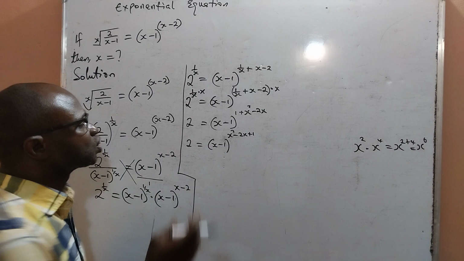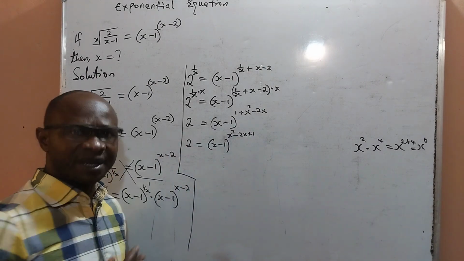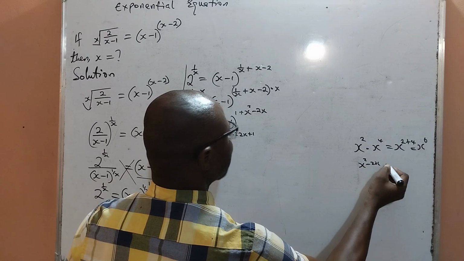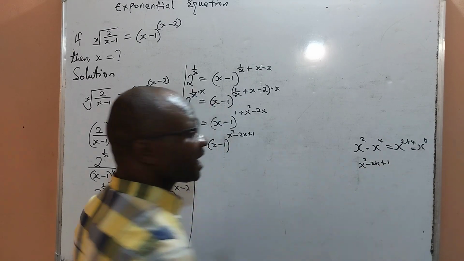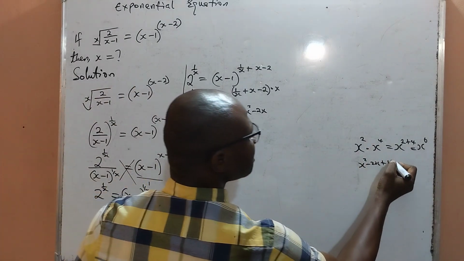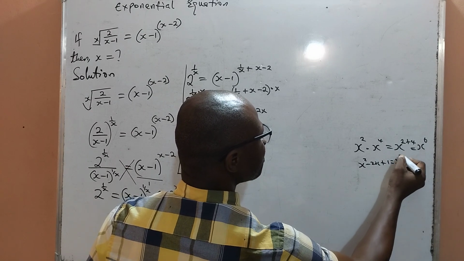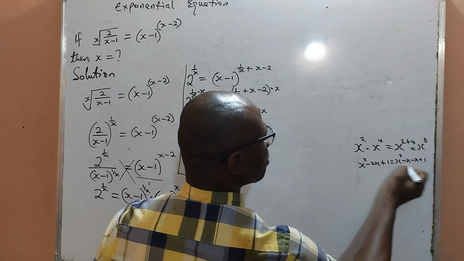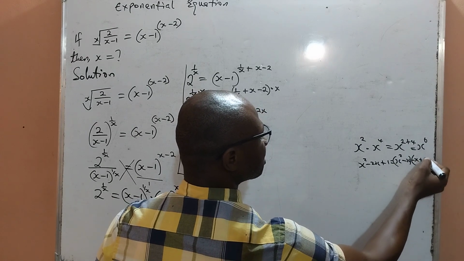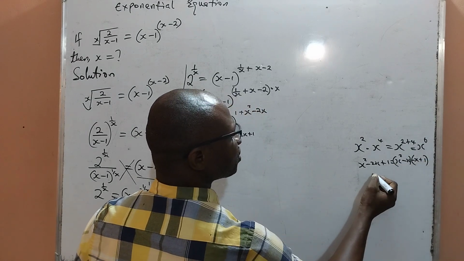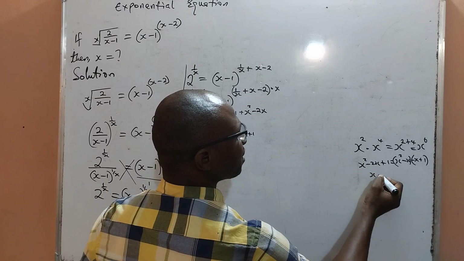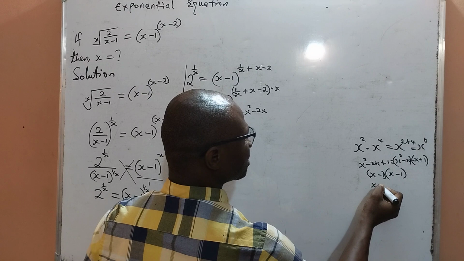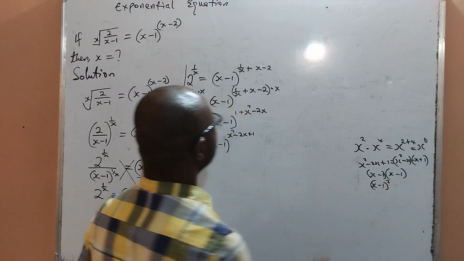But if you also look at this exponent on the right hand side, which is x squared minus 2x plus 1, by factorization it is the same thing as x squared minus x minus x plus 1, which by factorization gives me x minus 1 into x minus 1, which is x minus 1 all to the power of 2.